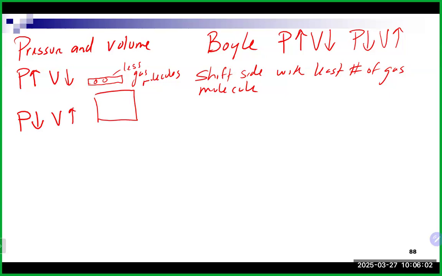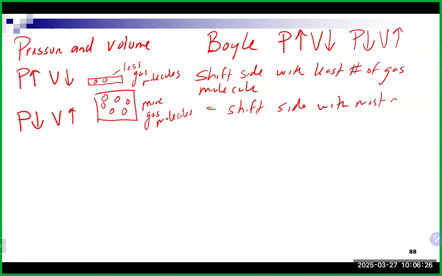We would need more gas molecules in there to bring the pressure back up. More gas molecules are going to cause more collisions. More collisions will bring our pressure back up. So we'll go to more gas molecules.